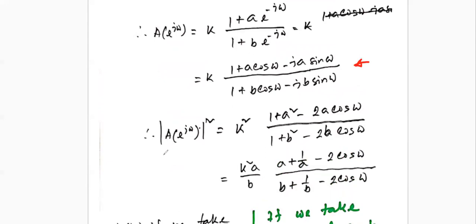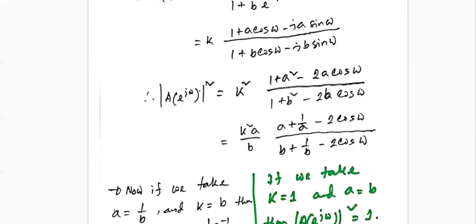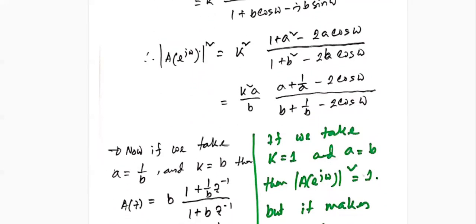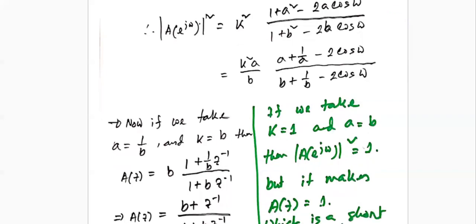From there we can go for the magnitude response, because our main target is the magnitude as well as the phase. So the power spectrum can be written like this, and it can be rearranged with this value. Now, what would be the output?